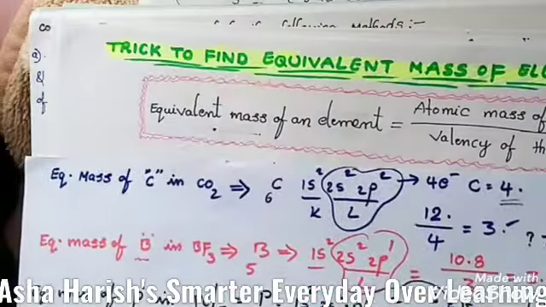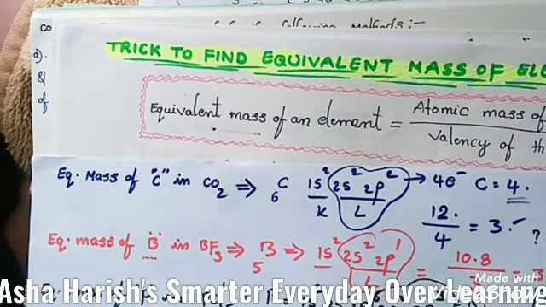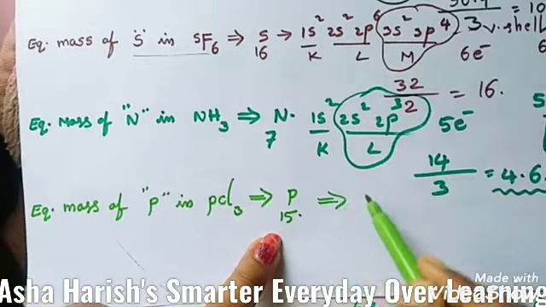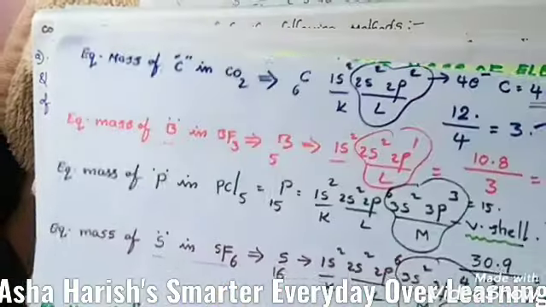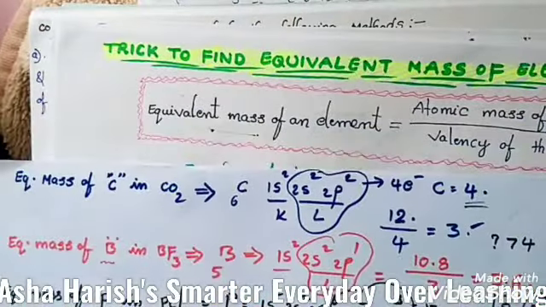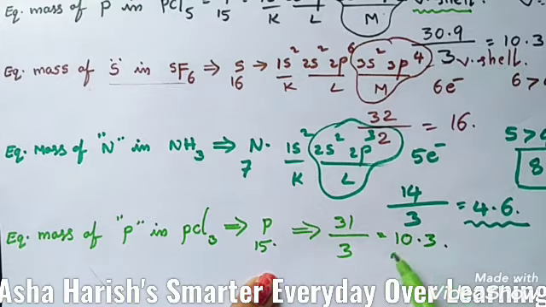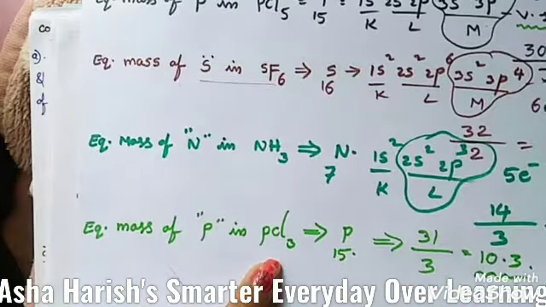According to this formula, atomic mass of the element by valency of the element. So the atomic mass is 31 by 3. Here is the formula, valency of the element. Now we have 10.3, the approximate value, that is the equivalent mass of phosphorus in PCl3.